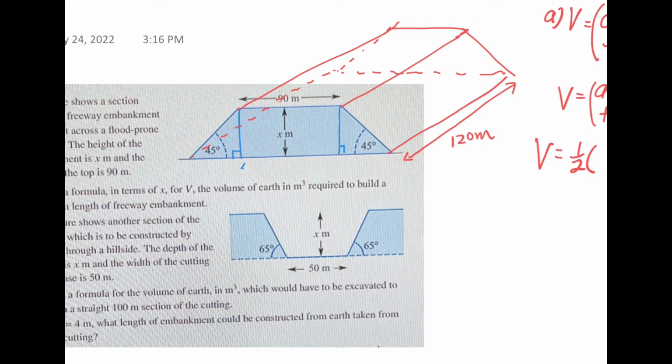Then I know that this is going to be 90 meter, same as above, as these are vertical lines, so they form a rectangle. Then when I look at this, if this is 45 degree, this is 90 degree, this is going to be 45 degree also.